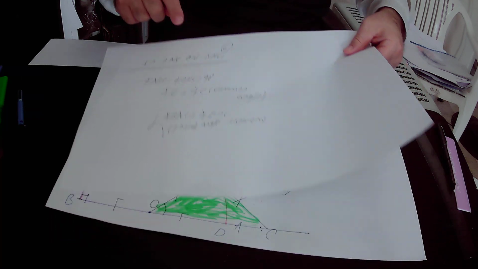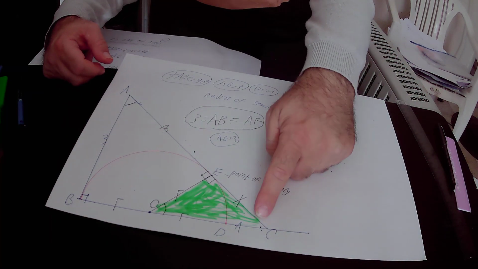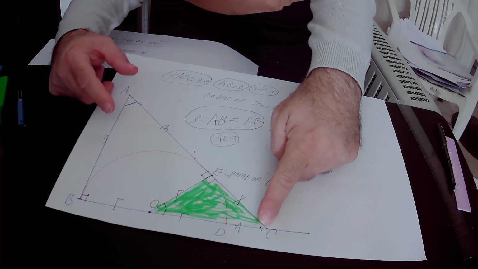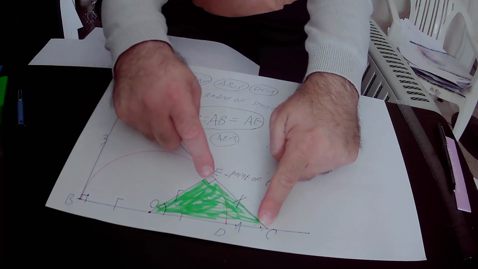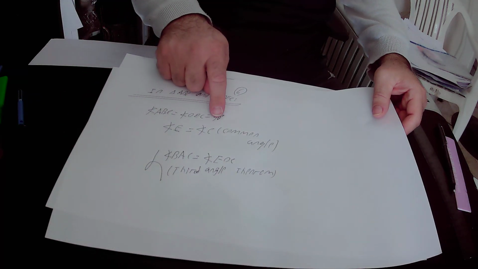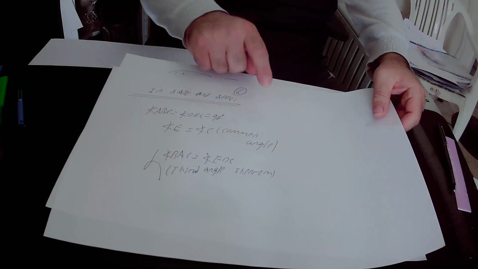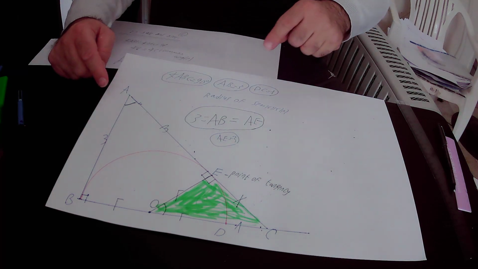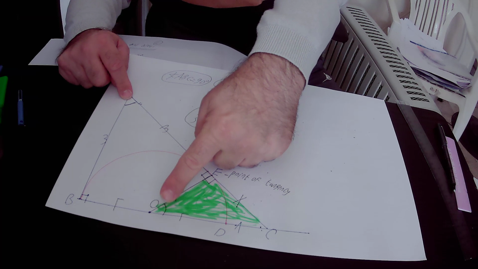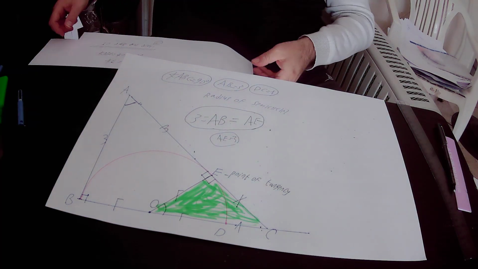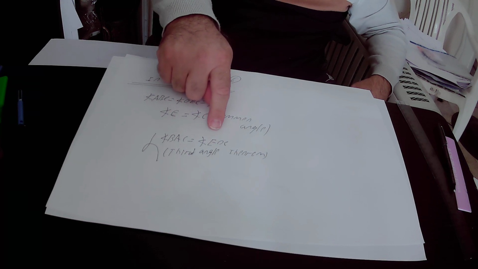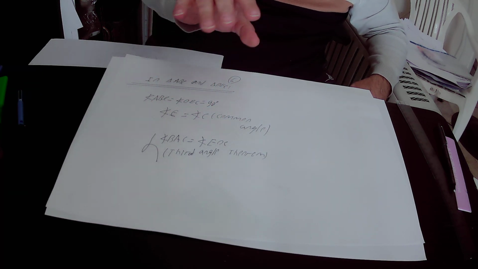We also know that this angle is a common angle, it belongs both to triangle ABC and to the green triangle OEC. Therefore, angle C equals angle C, a common angle that belongs to both triangles. Then these two angles are also equal to each other according to the third angle theorem. That is to say, angle BAC in triangle ABC equals angle EOC in triangle EOC according to the third angle theorem.